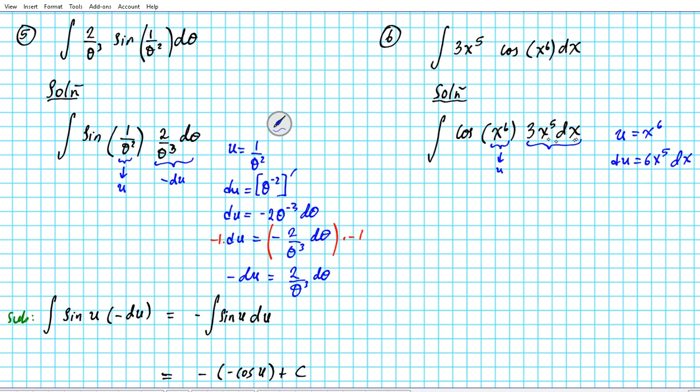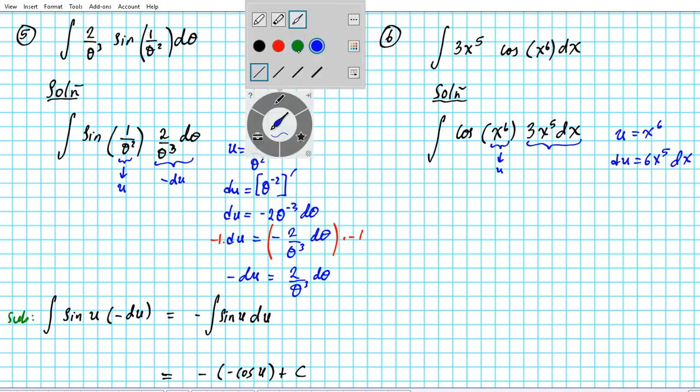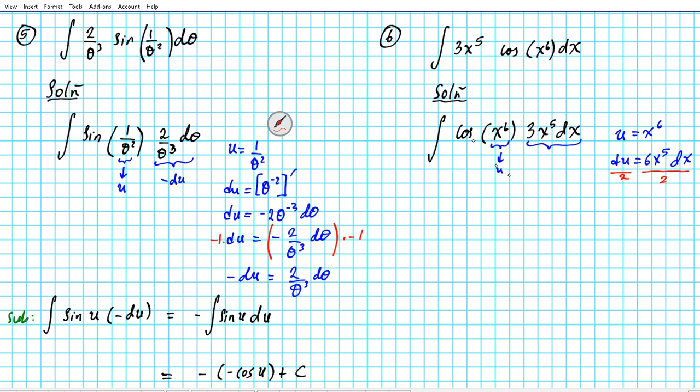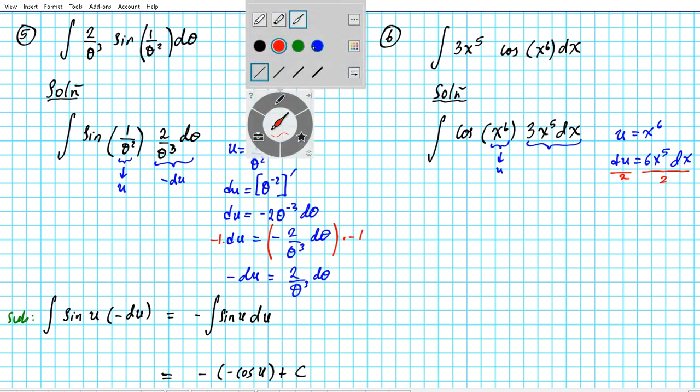So if du is double this component, then what is that going to be in terms of du? To achieve that, we're simply going to have to divide both sides by 2. So divide by 2 and divide by 2. And then that's going to give us the desired value we want to substitute.